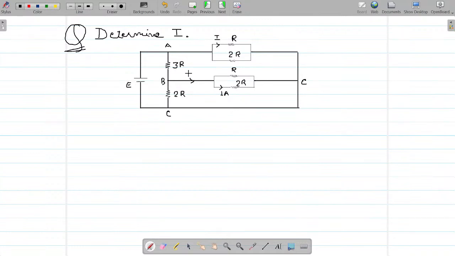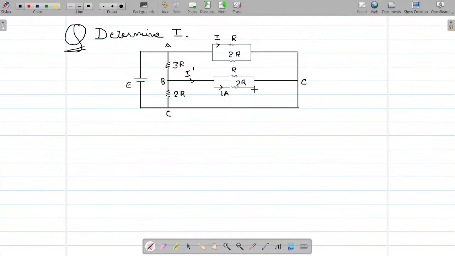I'm calling it the current in branch BC. BC is here also, so I cannot give that nomenclature. Let me name it as I dash. Now you know the current in this branch is given to you as 1 ampere, right?